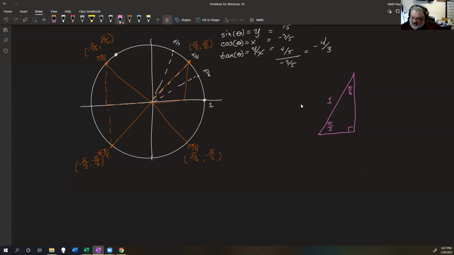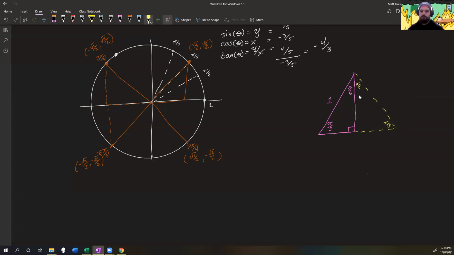Now, unfortunately, unlike the 45-degree triangle, the pi over 4 triangle, those side lengths aren't the same, so we can't use the same trick. But if we mirror that triangle over here, this is pi over 3, that's pi over 6. What do you notice about this big triangle?